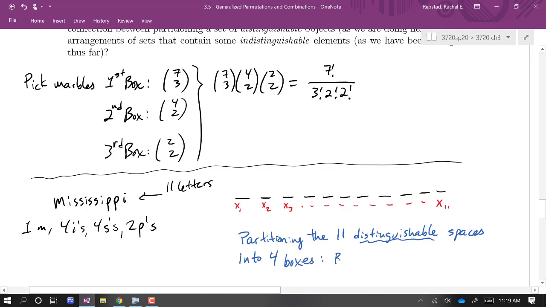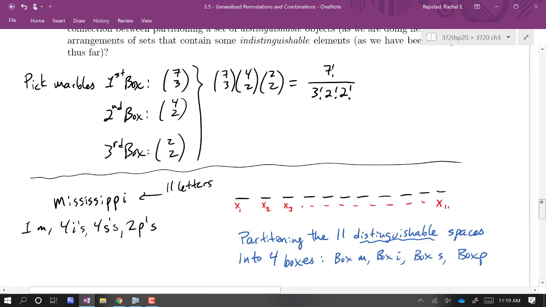I've got box M, box I, box S, and box P. It's the same thing. So it's not just that there's a connection. We really are doing the same thing. We're just thinking about it in a different way.